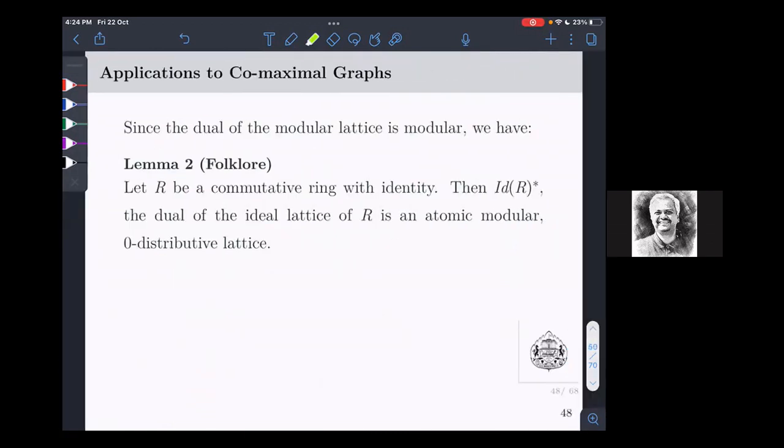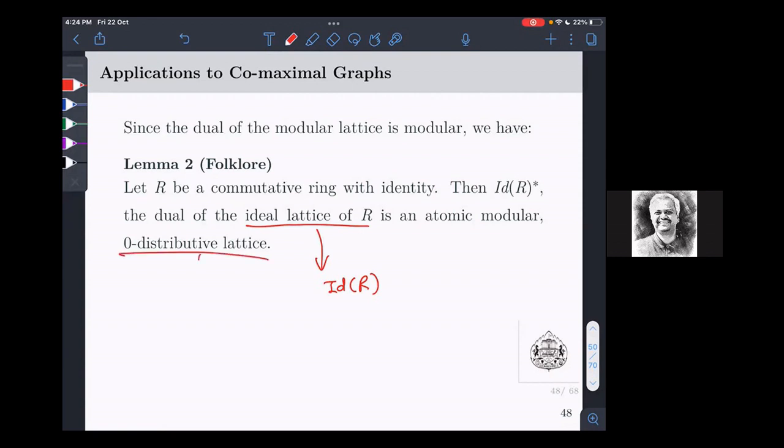So what we observed, if you look at the commutative ring R with unity, then what is the IDR? IDR is nothing but the ideal lattice of R. Okay, the ideal lattice of R is my IDR. And if I take its star, that will be the dual of the ideal lattice. And this becomes an atomic modular zero distributive lattice.